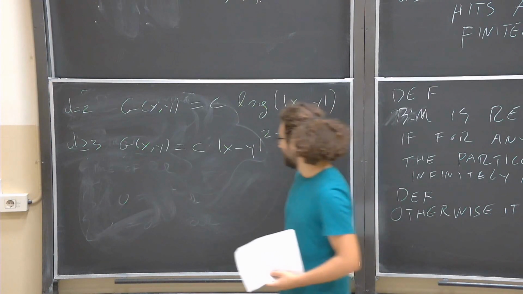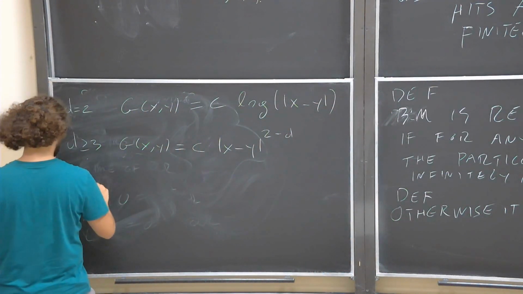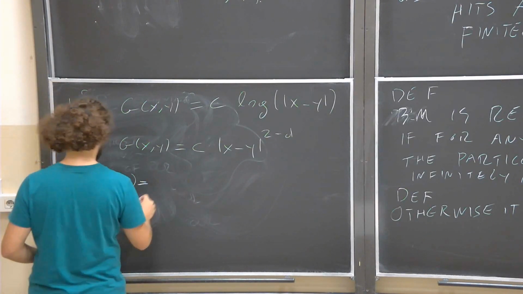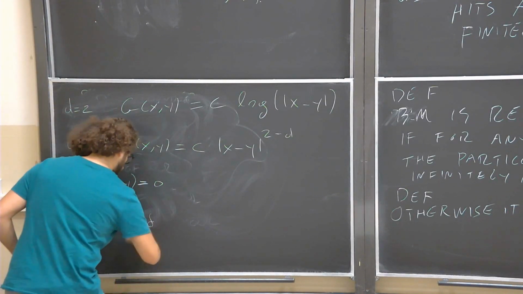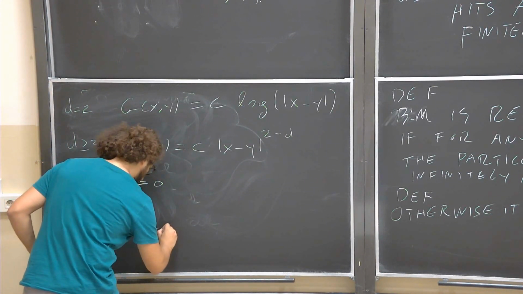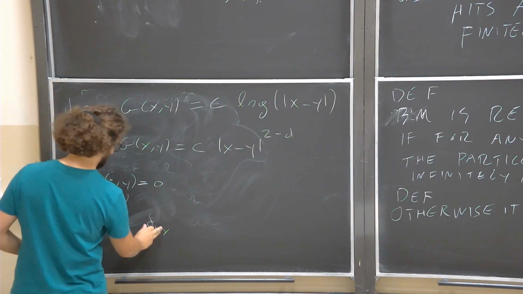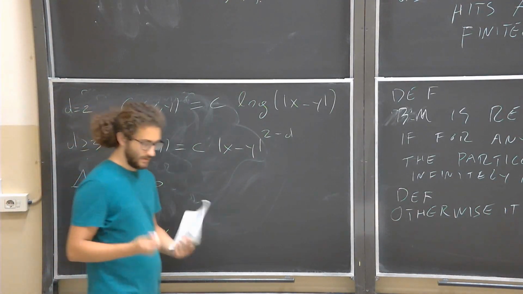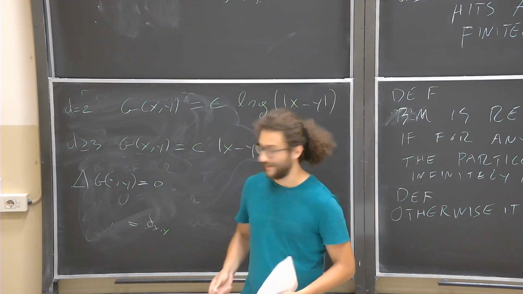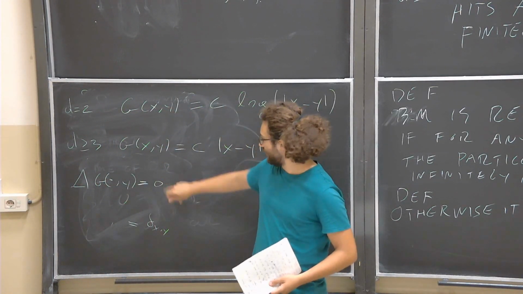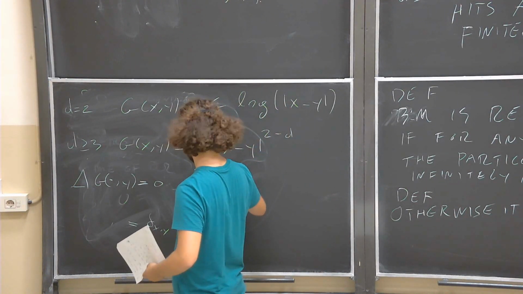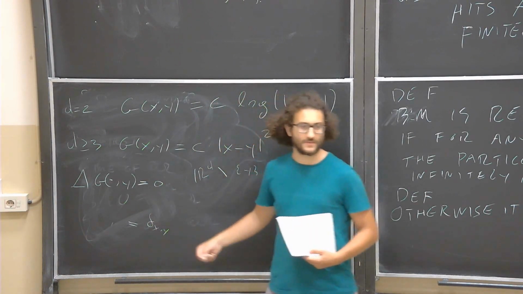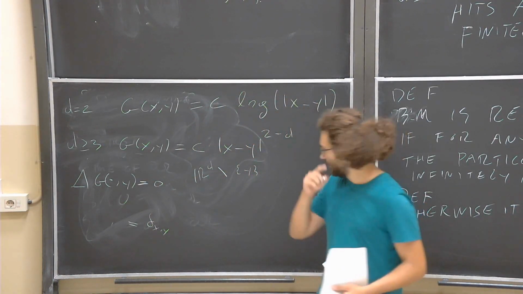So the Green kernel, what is it? It's the thing that solves, for any y, this equation, and it is the Dirac distribution centered at y. It solves this on R^d minus y, and when it tends to y, it behaves like the Dirac delta.